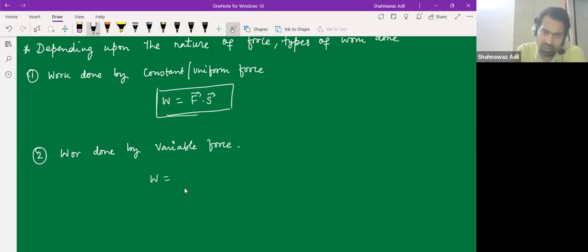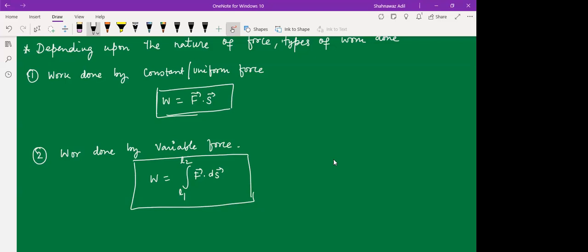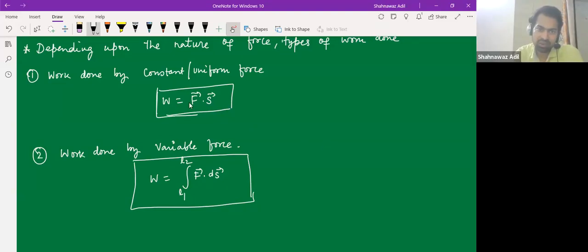So this would be the integral of F dot dl, from, let's say, lower limit L1 to L2. Is this part clear? These are the two kinds of work done that you have: work done by constant force and work done by variable force.